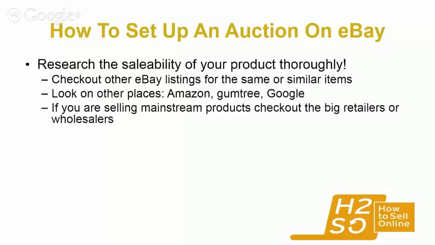If you're selling mainstream products, so you've got a product that is for sale by the big retailers or the big wholesalers, then the next thing you've got to do, guys, is go and check out these retailers and wholesalers. Look at their buying prices. Rather, look at their selling prices, I should say. What are they selling them at? Can you actually compete?